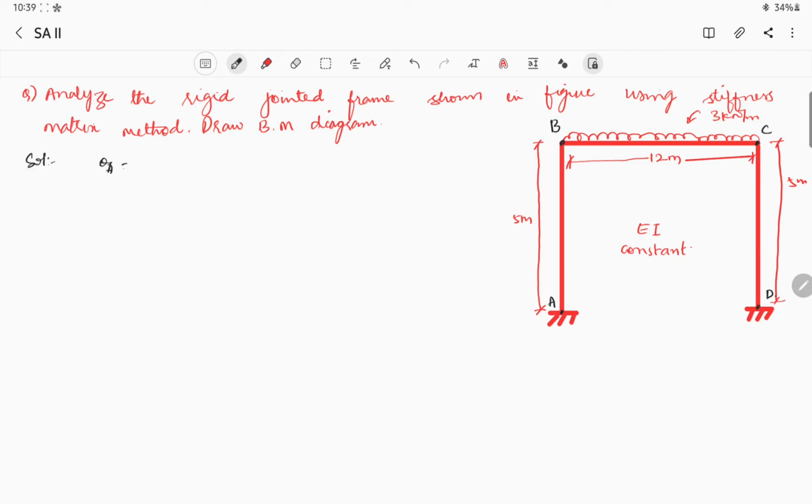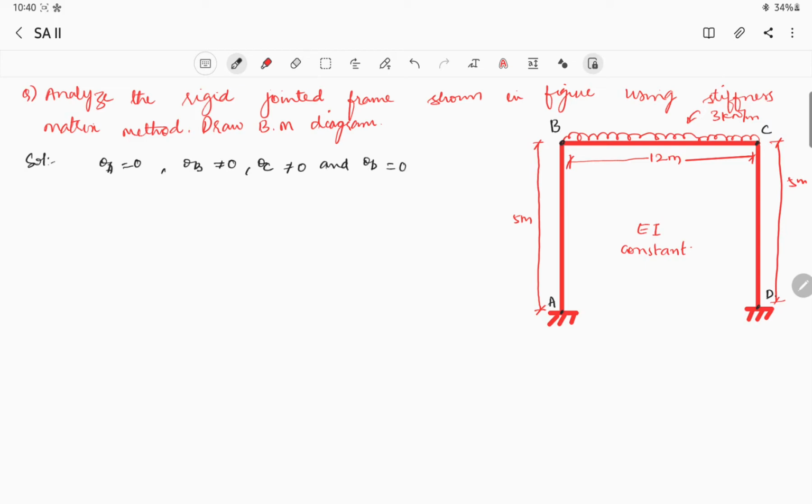Theta A is equal to 0, theta B is not equal to 0 because slope will exist here, theta C is also not equal to 0, and theta D is equal to 0.